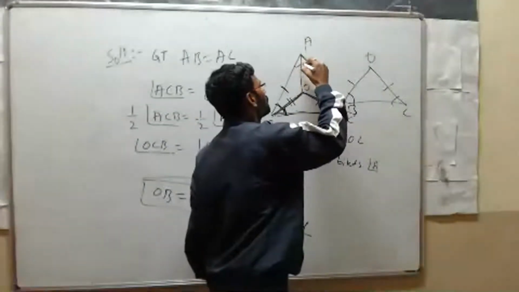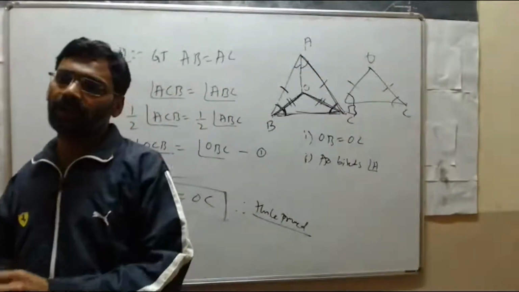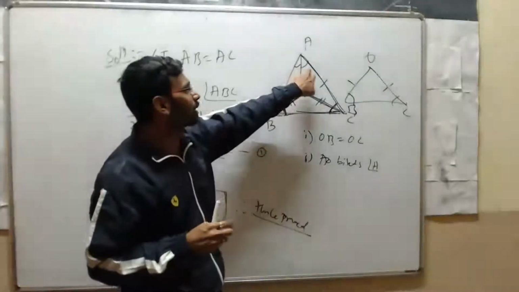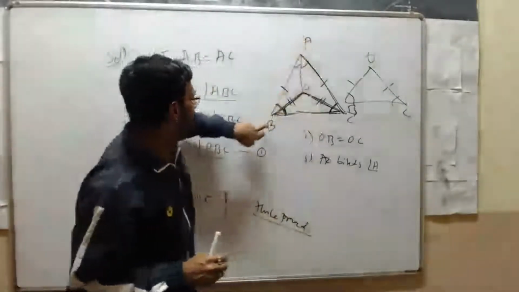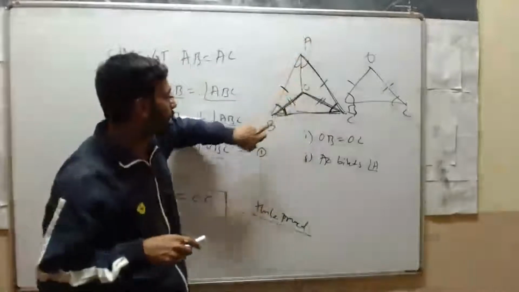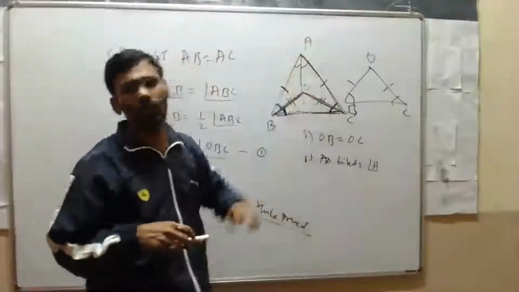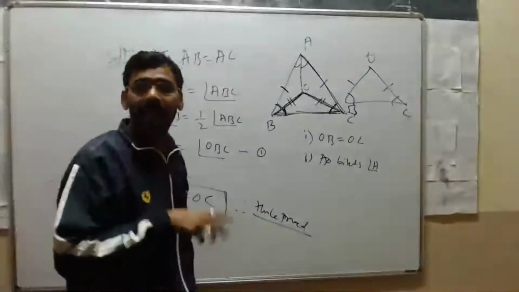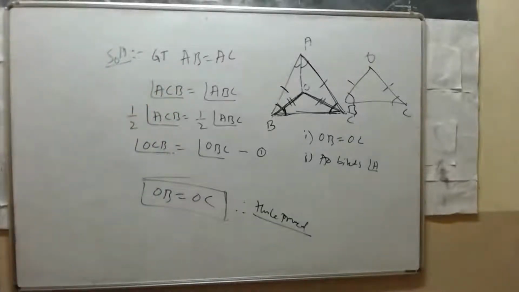We have to prove this part equal to this part, that is, angle BAO equals angle CAO. AO bisects angle A means indirectly angle A becomes two equal parts.